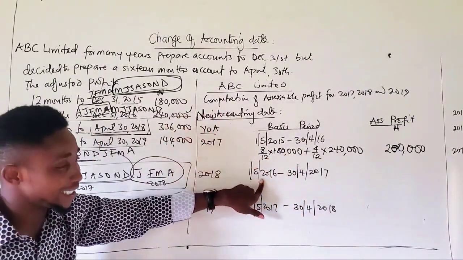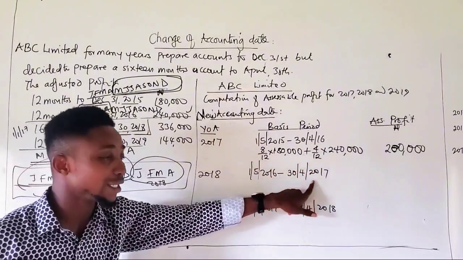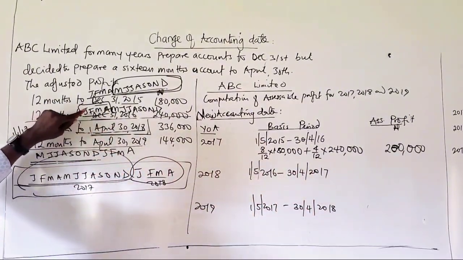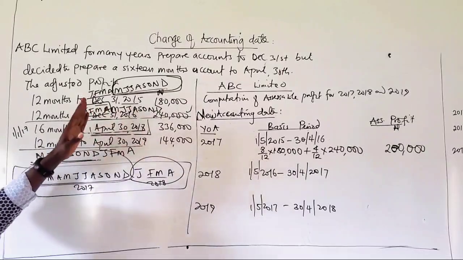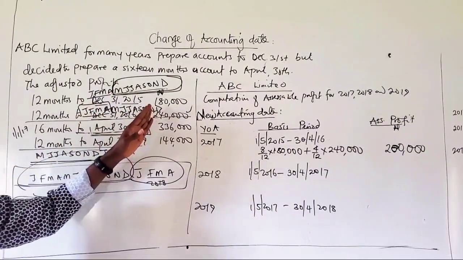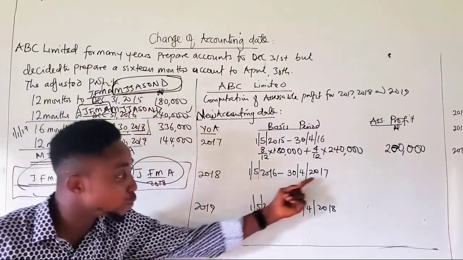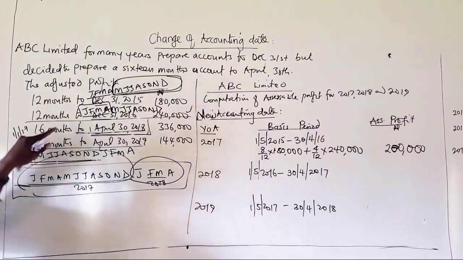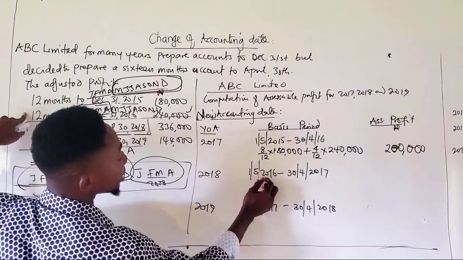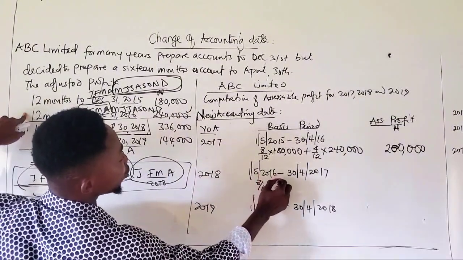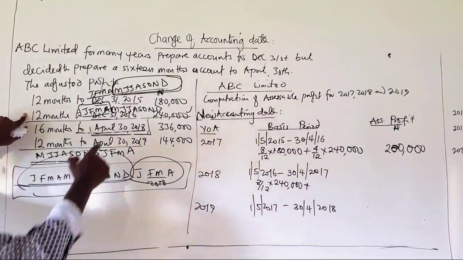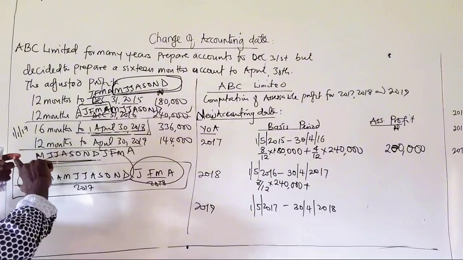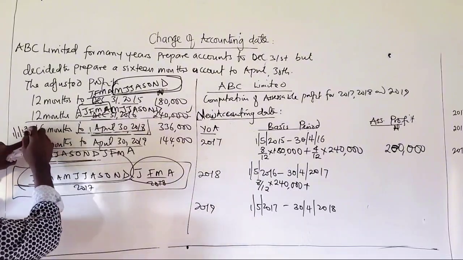We have January to December of 2016. So May to December is relating to our period, which is a period of 8 months. So you take the 8 out of 12 times 240. Then the remaining 4 months, January, February, March, April, fall in the next period.